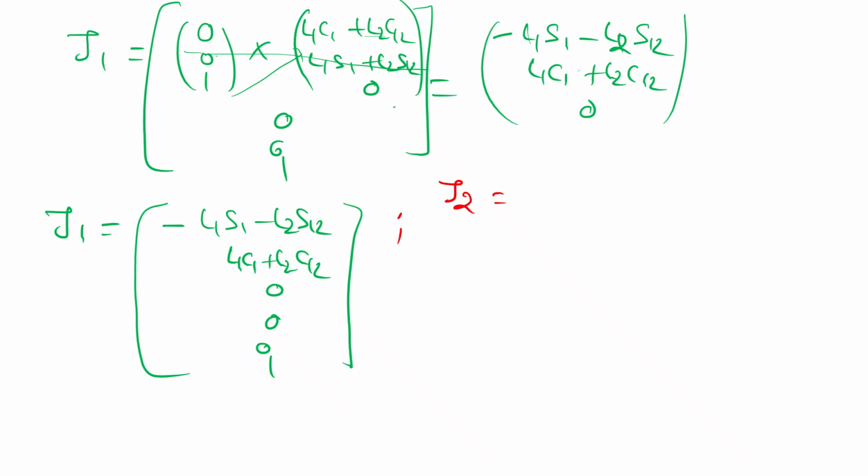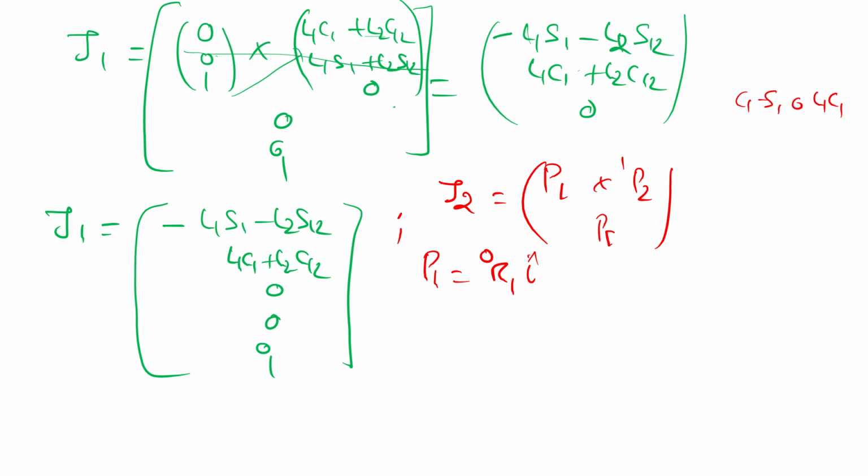So what is the formula for J2? The formula is P1 cross P21, which we have already defined, and then P1. So let's do P1. What is P1? R10 times the unit vector I. What is R10? We already know that T10 is C1 minus S1 0, L1 C1; S1 C1 0, L1 S1; then 0 0 1 0, and 0 0 0 1.